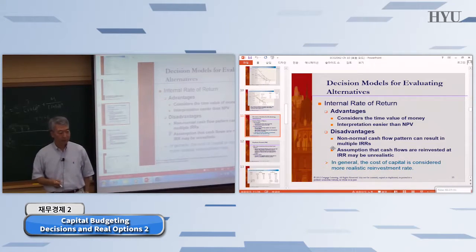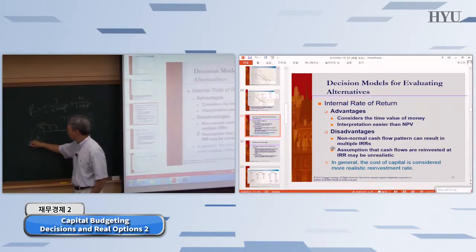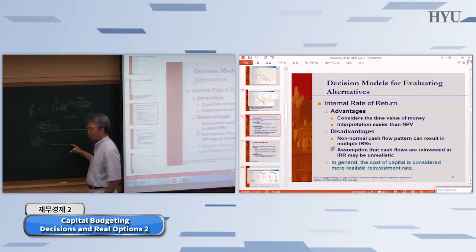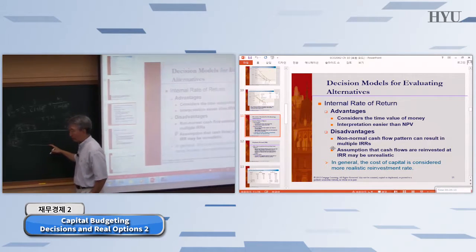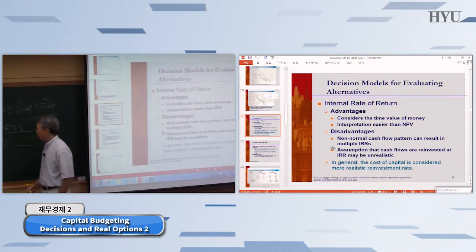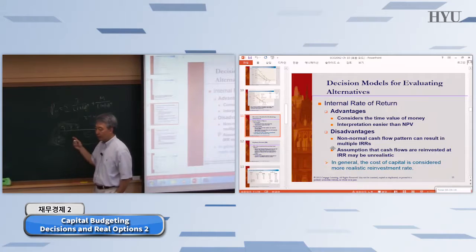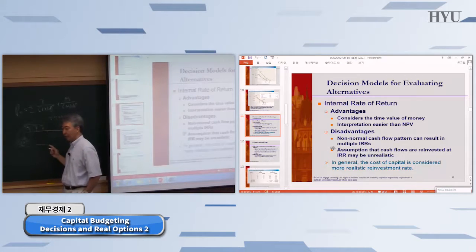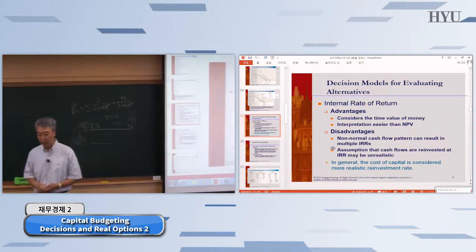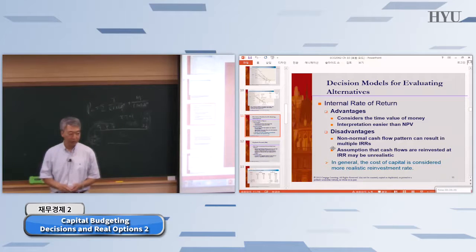Normal cash flow. Non-normal cash flow means that initially you started with the negative, it turns positive, and then for some reason it turns negative again. And that may be the end of the story, or there may be another turn. So if you have more than one change from negative to positive, or from positive to negative, in other words, more than one sign change, it's called non-normal cash flow.